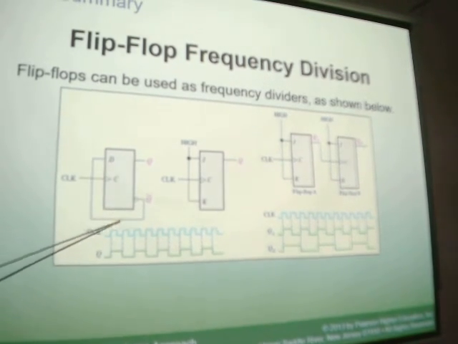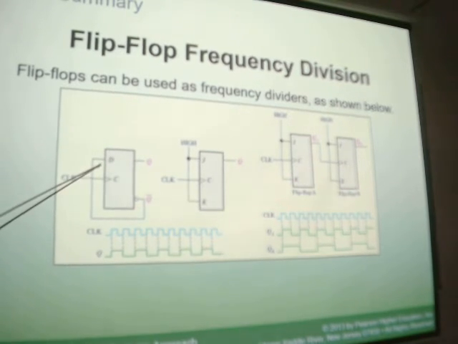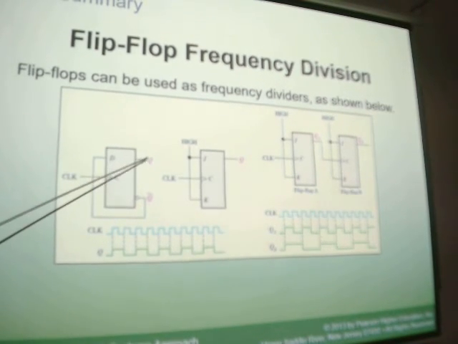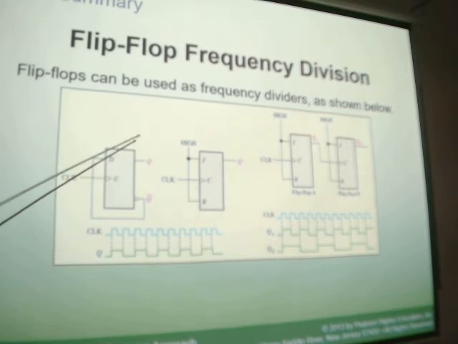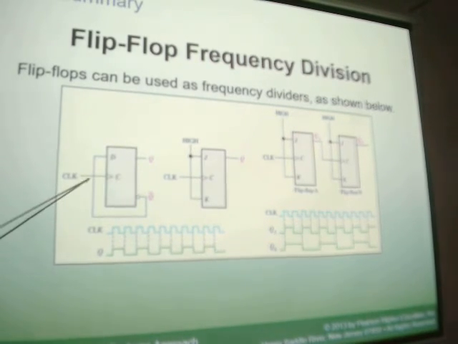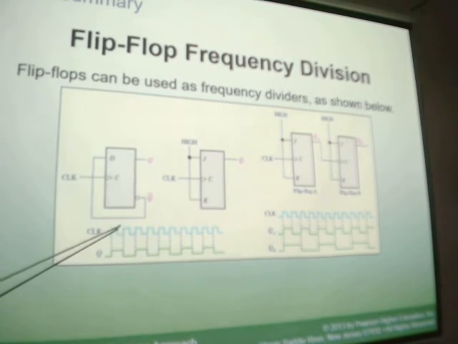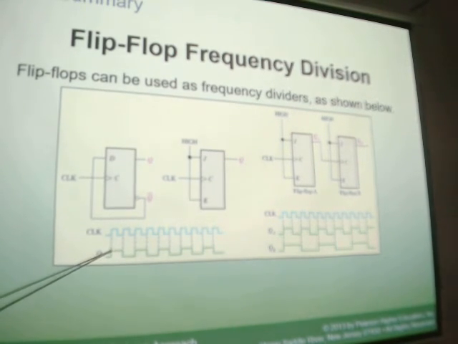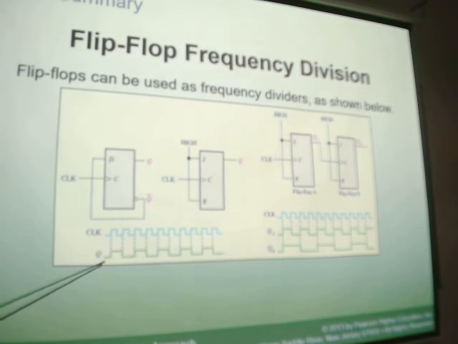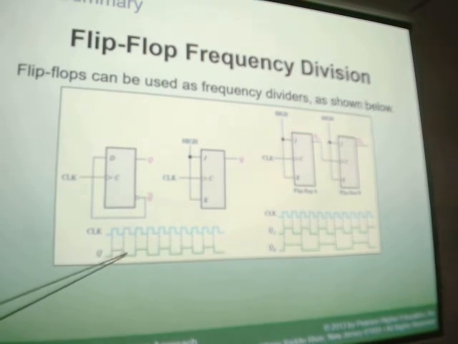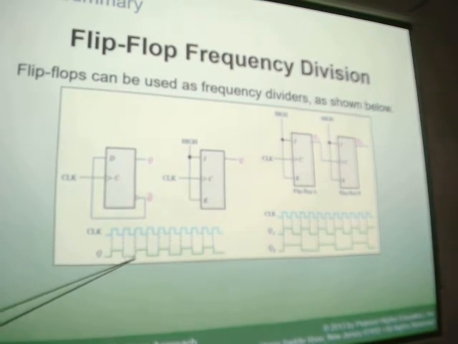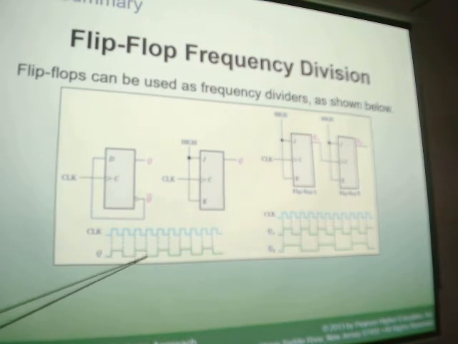Q bar is connected to D. So the output will be Q equal to Q bar. So on each clock edge, the output will change from 0 to 1, from 1 to 0, from 0 to 1, from 1 to 0.